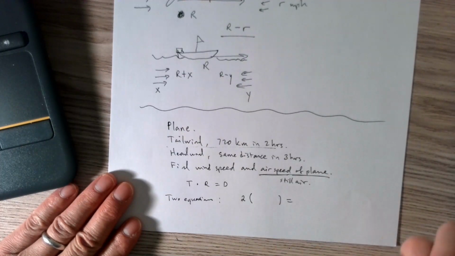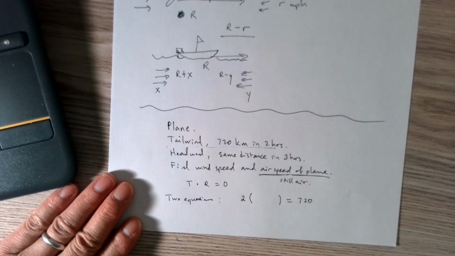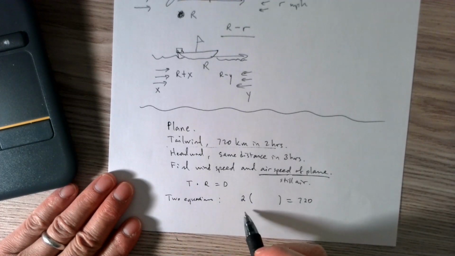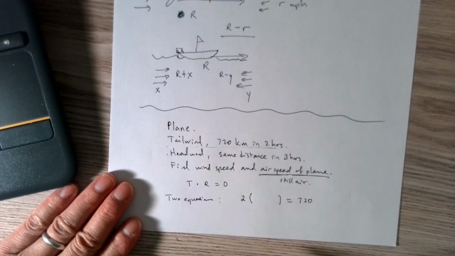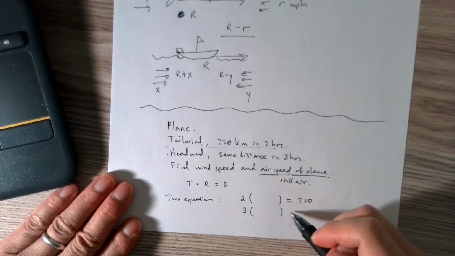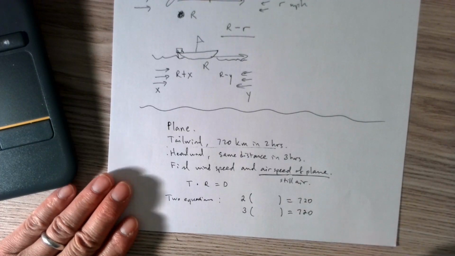The distance that it travels in 2 hours, 720 kilometers. Second equation. This is going to be the headwind equation. It takes 3 hours for that plane to go 720 kilometers.